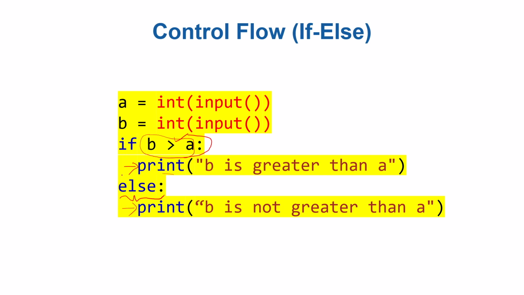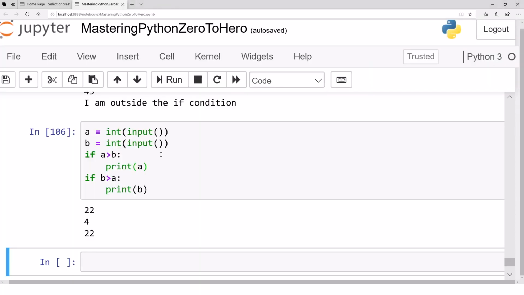So this if and else both have this alignment, but then the block of else starts from this particular alignment. Maybe you have more statements here. The alignment of this if block started from here, and you may have more statements here. So let's go to Jupyter Notebook and see the else running.